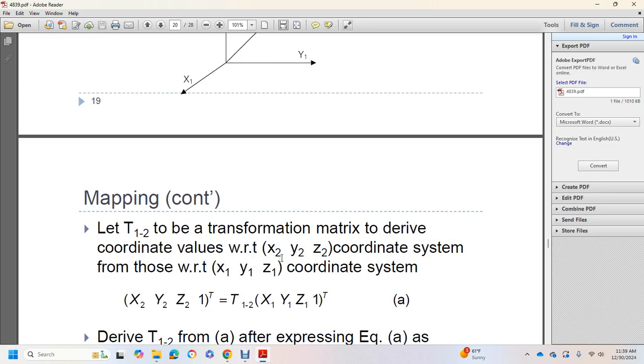Mapping, continued. Let T1 to T12 be the transformation matrix coordinate values of the X2, Y2, Z2 coordinate system with respect to the XYZ1 coordinate system.